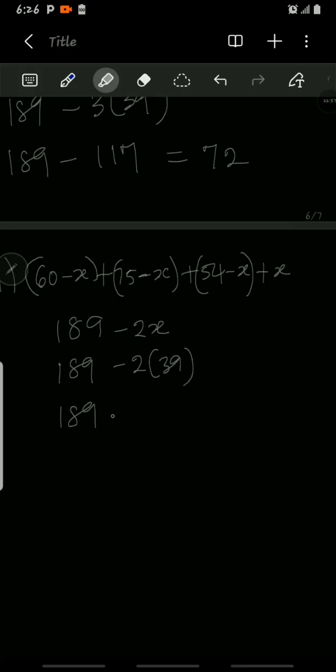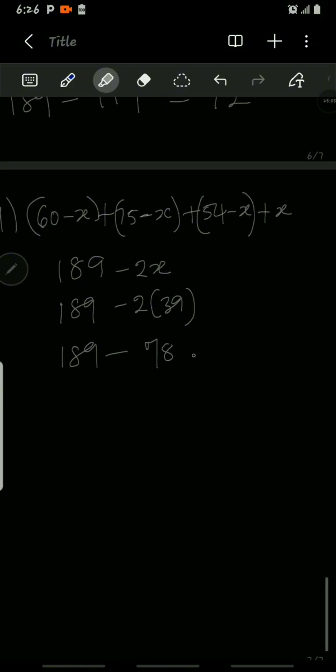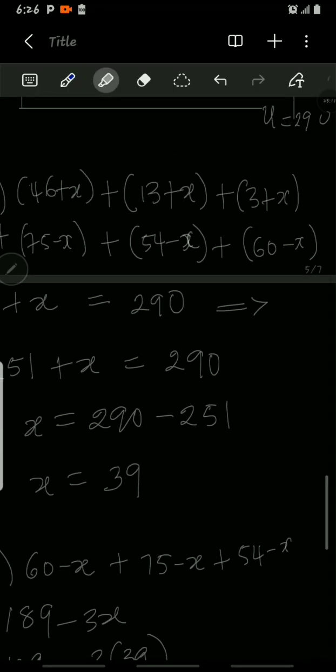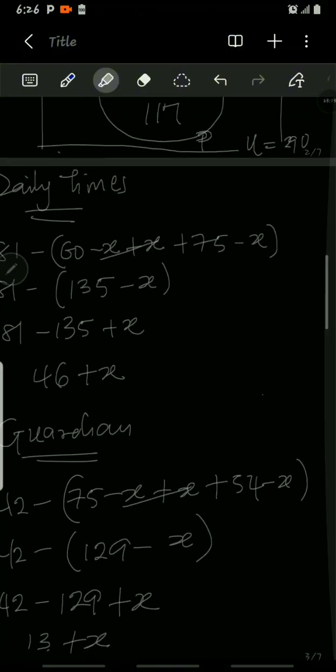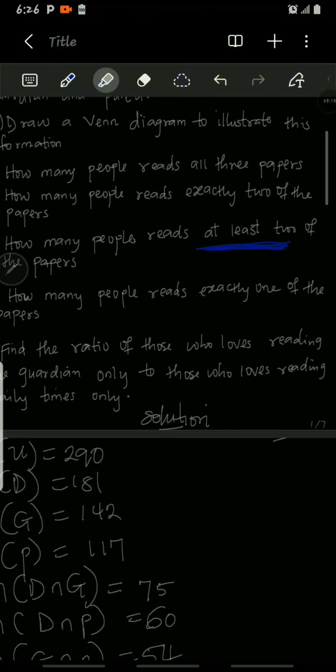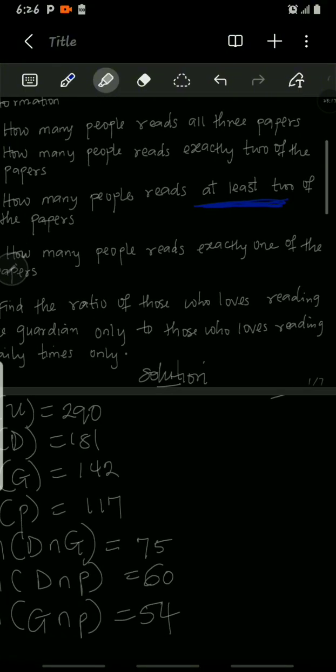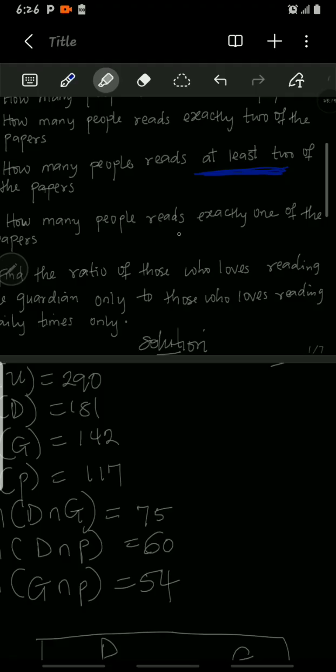When you multiply, 9 times 2 is 18, you have an 8, and then this is 6 plus 1 is a 7. So when you subtract this, you have 111. That means 111 people read at least 2 of the papers.